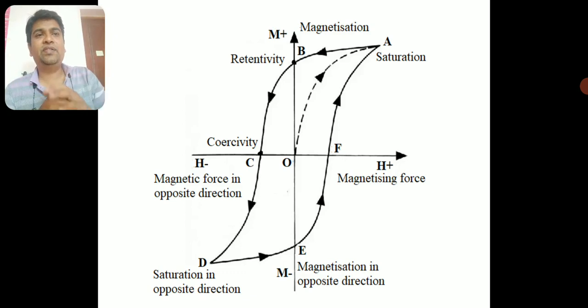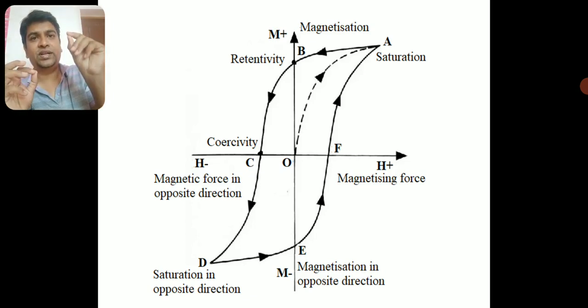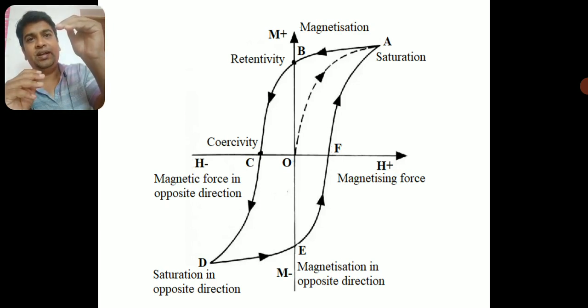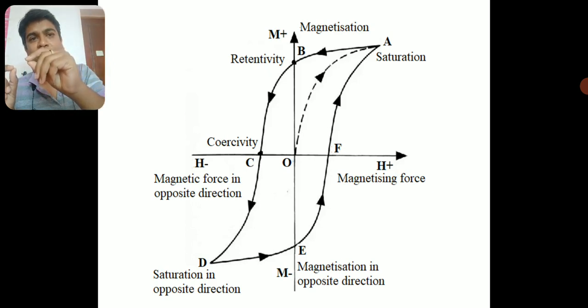If you decrease the magnetizing force in the negative direction, look at the behavior of the curve: the magnetization goes down and attains 0 at one particular point. This magnetizing force, which is required to bring the magnetization to 0, is called the coercive field.